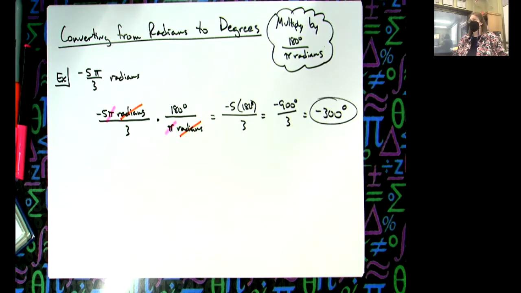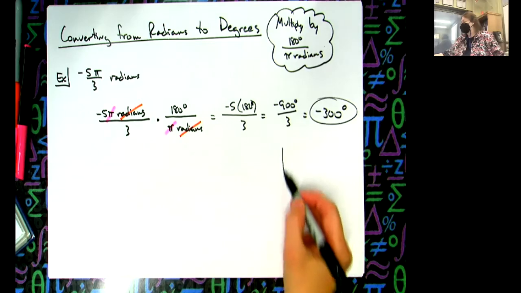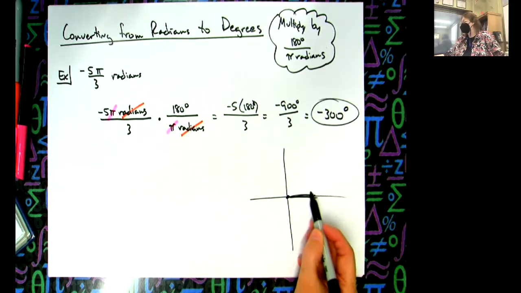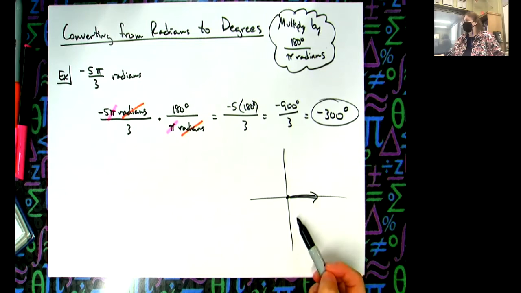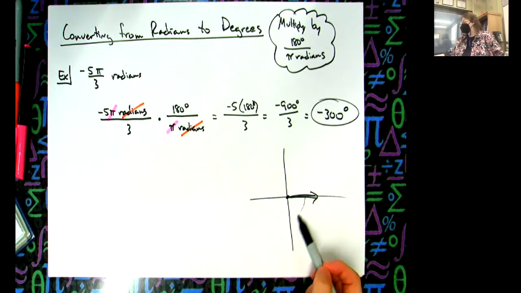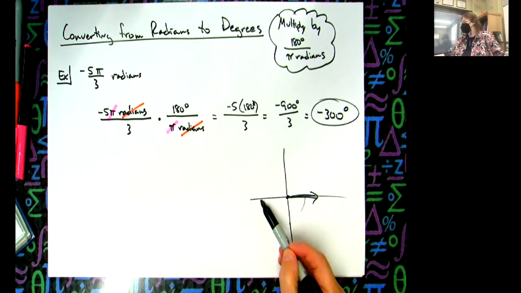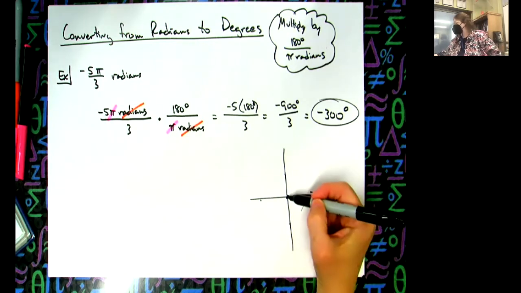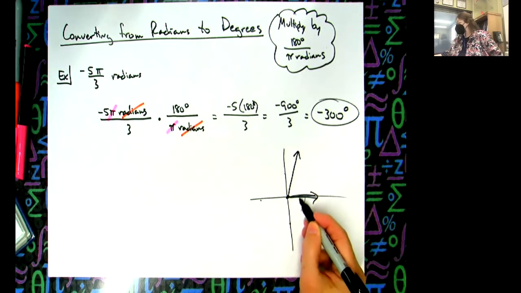If I were to draw negative 300 degrees, standard position. So I would start here. Am I going to go counterclockwise or clockwise? Going to go clockwise, right, for negative. So here's 90, here's 180, here's 270. So roughly about there.